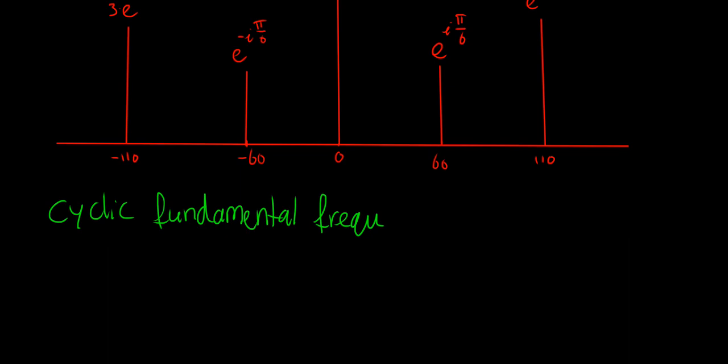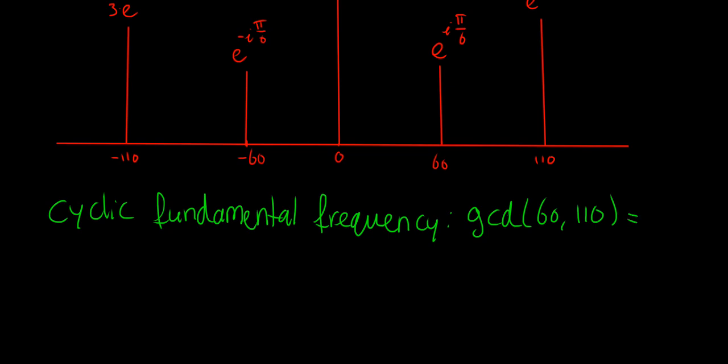It says the lowest possible frequency that can be built into these frequencies that we have. In other words, if we take the greatest common divisor of all our frequencies, in our case it's 60 and 110, we will be able to get the biggest frequency possible that these frequencies are built out of.